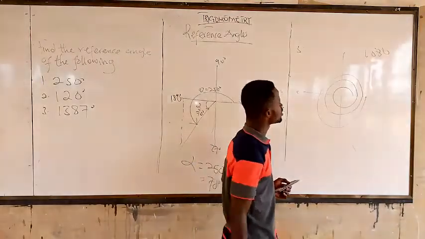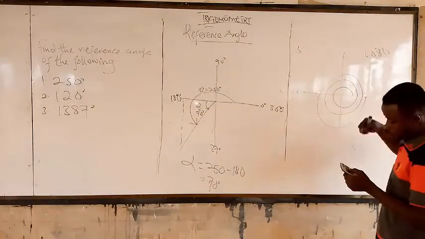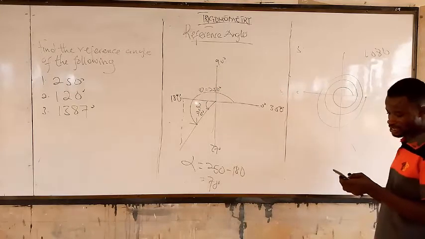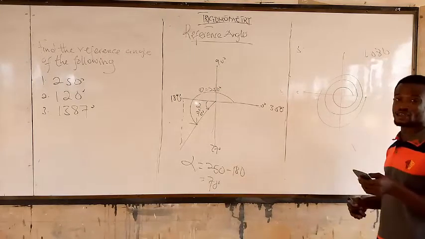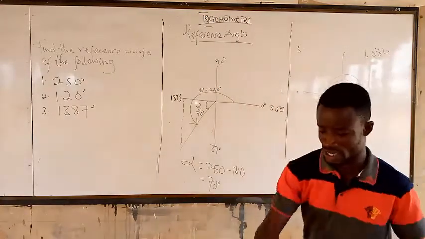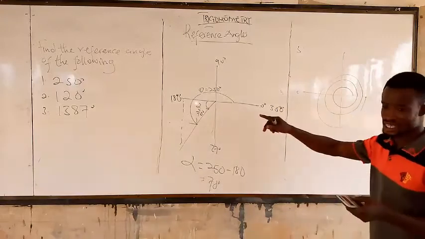Alright? So what we do is, let's go again. Let's multiply 360 by 4 and see. Oh, 360 times 4 is 1440, which is more than what we have here. That means that what we are looking for will just be in this.